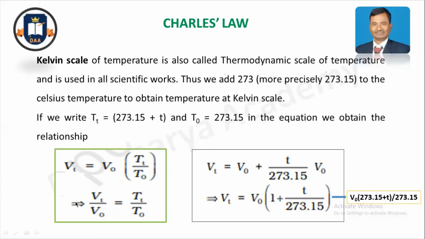So then on the left side of the equation, we can write Vt by V0 is equal to Tt by T0. From the right side's detailed calculation, you can clearly understand this.